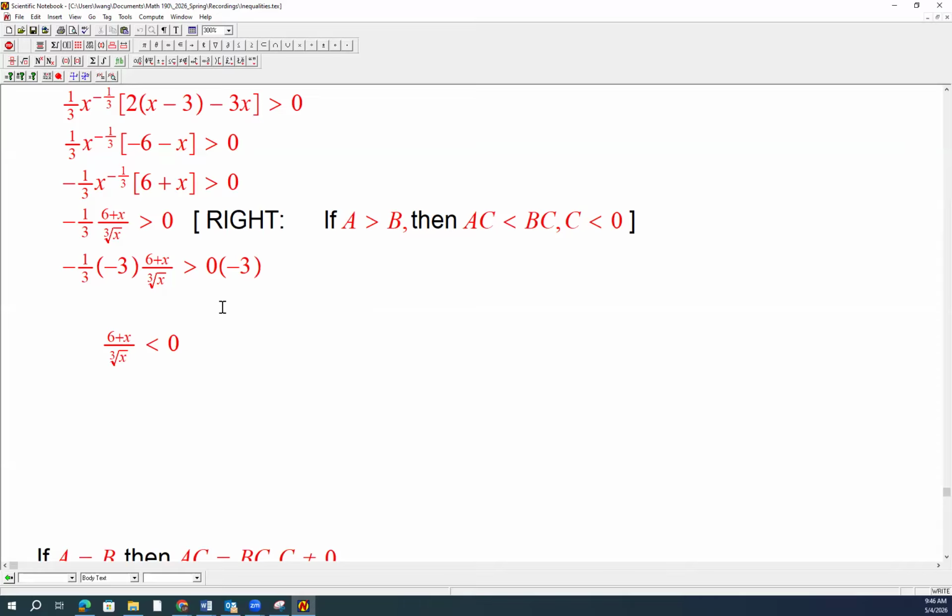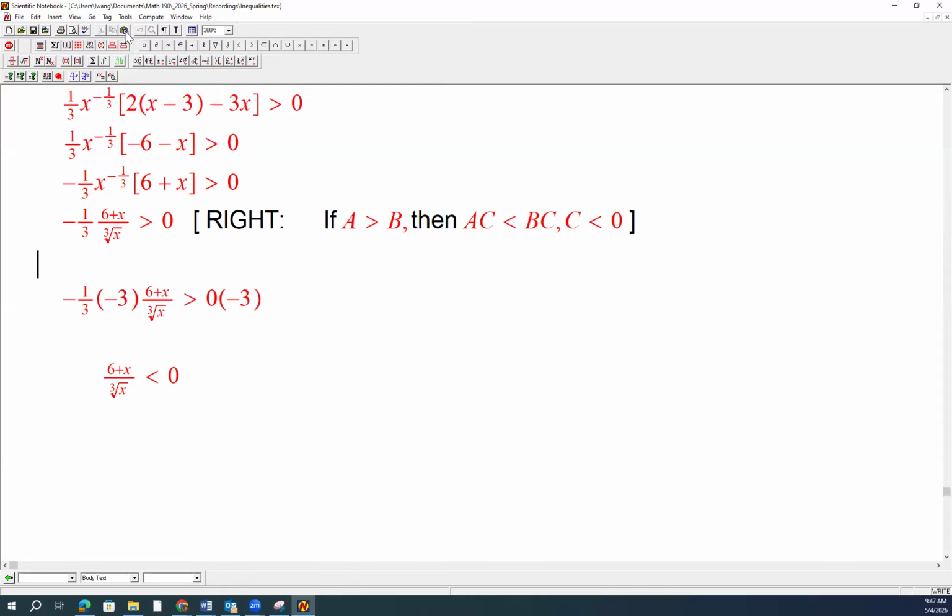Why is it a mistake? Because, okay, before this step, so let me reverse that step, right? So before I multiply by negative 3, this is how it looks. Then you multiply by negative 3, you did not switch. You must switch here. So when you multiply by negative 3, if you do this explicitly, you must switch here. If you don't switch, I would see that as a mistake.